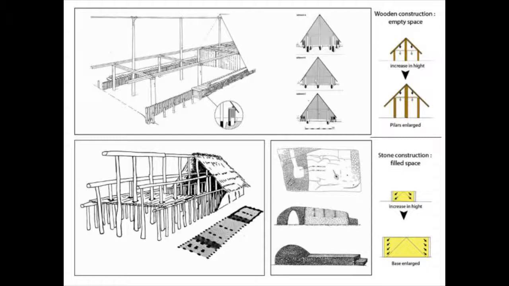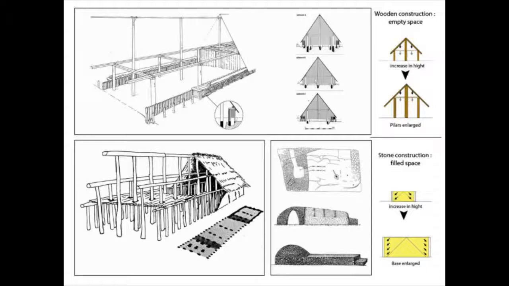In fact, in wooden construction, the width of the construction is the main constraint. And there is no problem to have a higher construction if you enlarge the posts themselves. But the main constraint, because it is an empty space, is this.